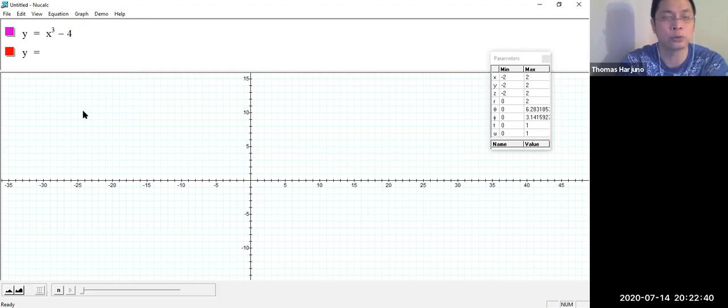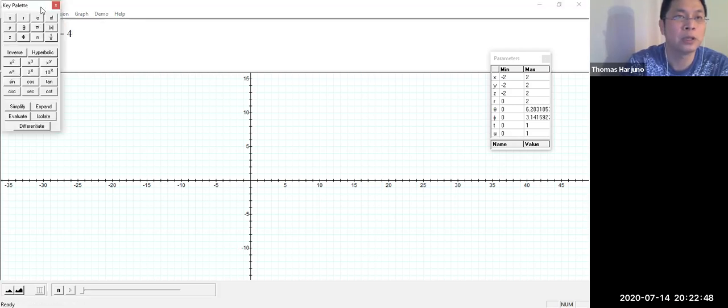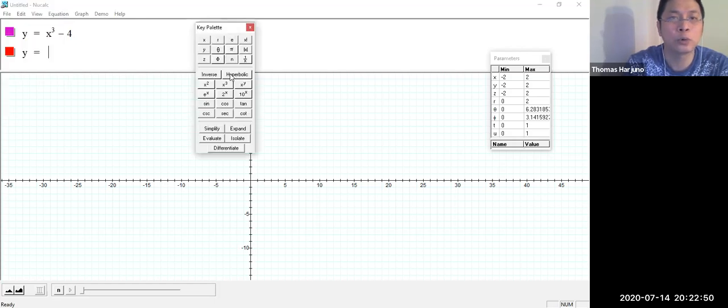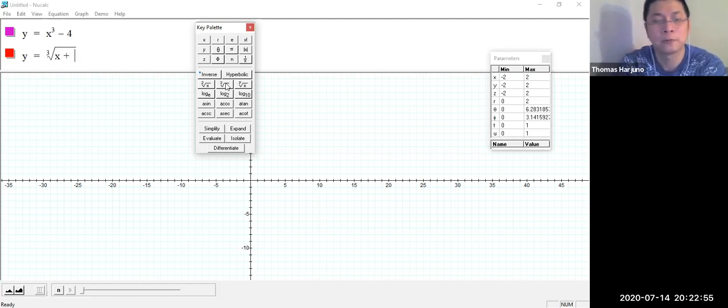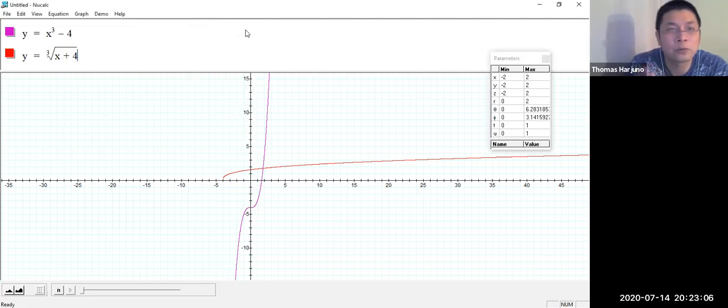y equals the cube root of x plus 4. Okay, the cube root of x plus 4, something not right here because it's supposed to have, that's the limitation of this graph though, but it's supposed to have the tail here.